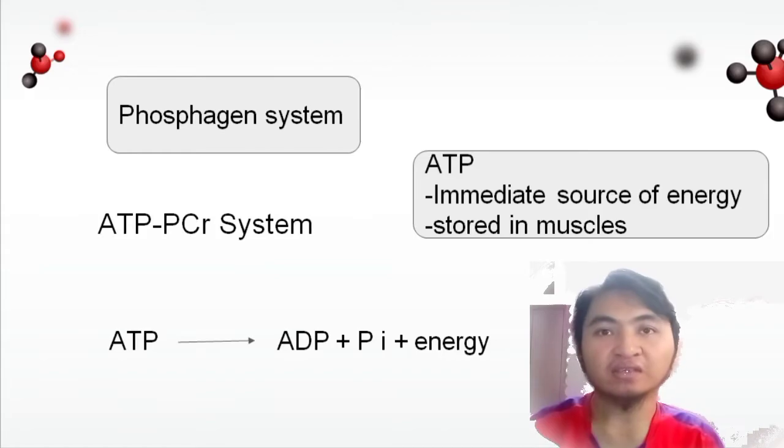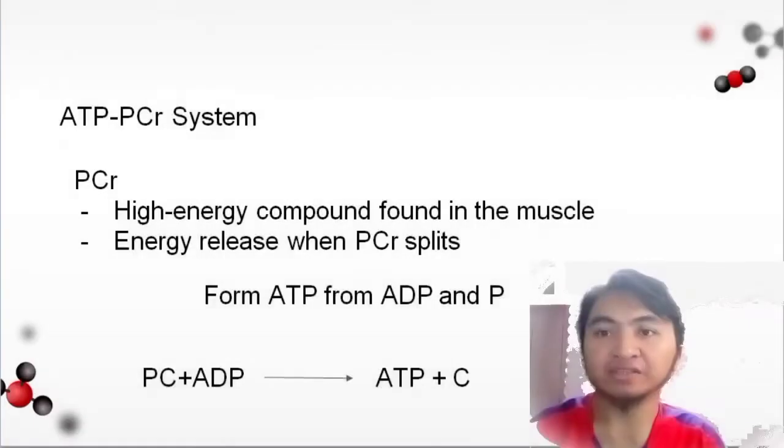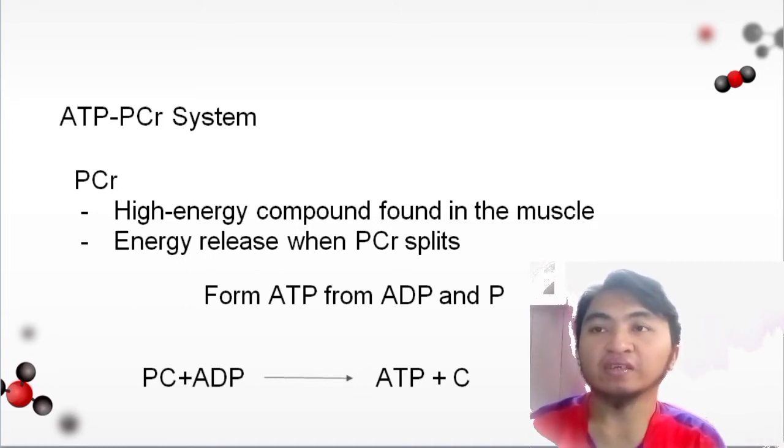The PCR is also a high energy compound found in the muscle that can help ATP as it is rapidly used.